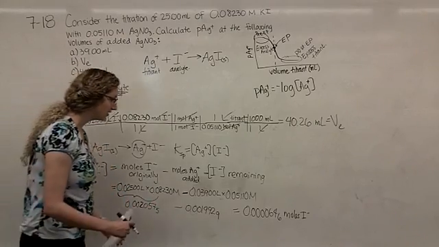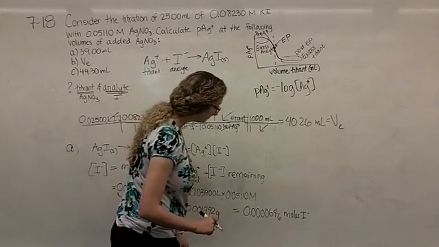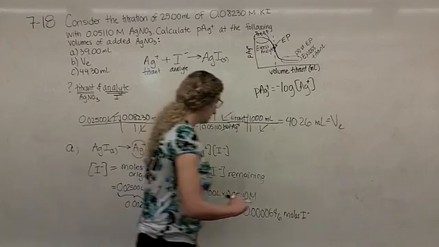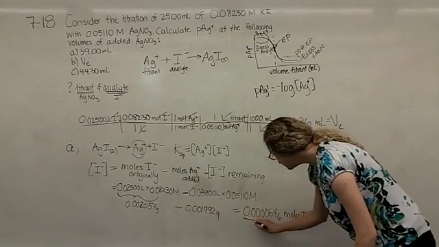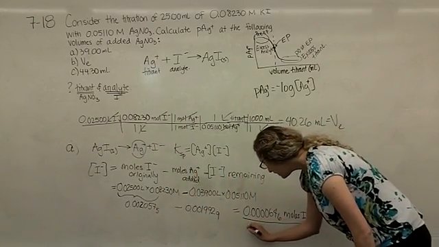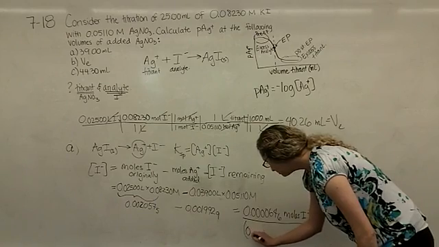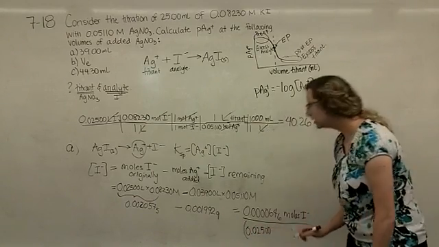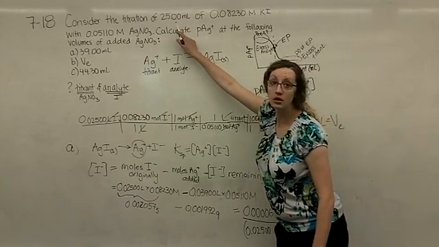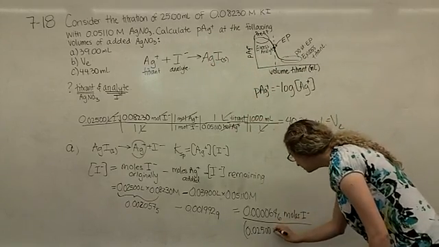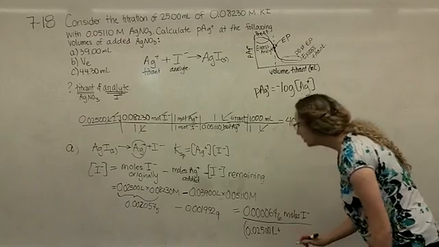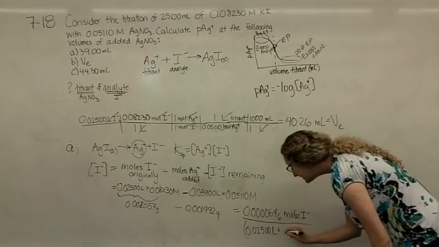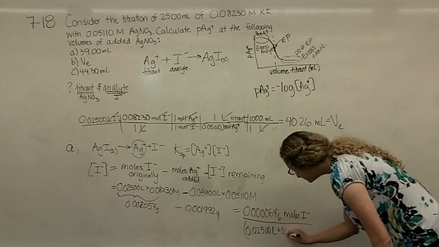We're getting there. Okay, so we have our moles, and we want concentration. So what we're going to do is divide by the total volume, which is 0.2500 liters, that's what we started with here, plus what we added, which is 39.00 milliliters, and I'm going to convert that to liters.